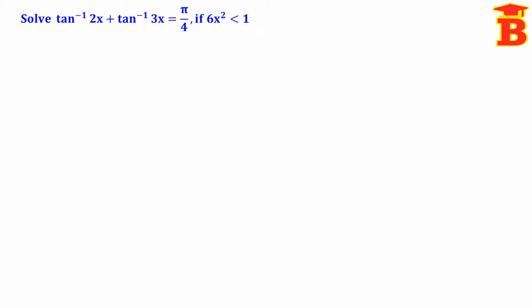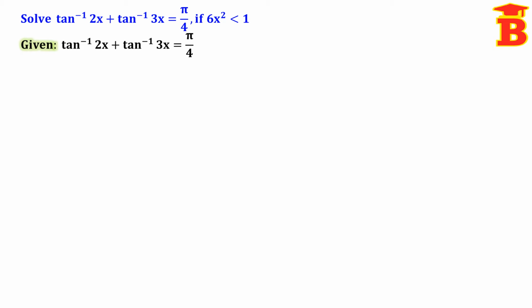Next problem, solve tan inverse 2x plus tan inverse 3x equal to pi by 4 if 6x square less than 1. Let us take the full equation, that is tan inverse 2x plus tan inverse 3x equal to pi by 4.